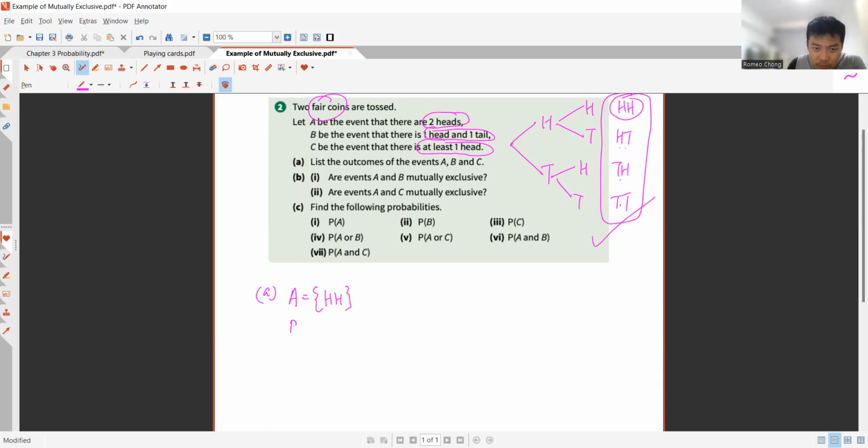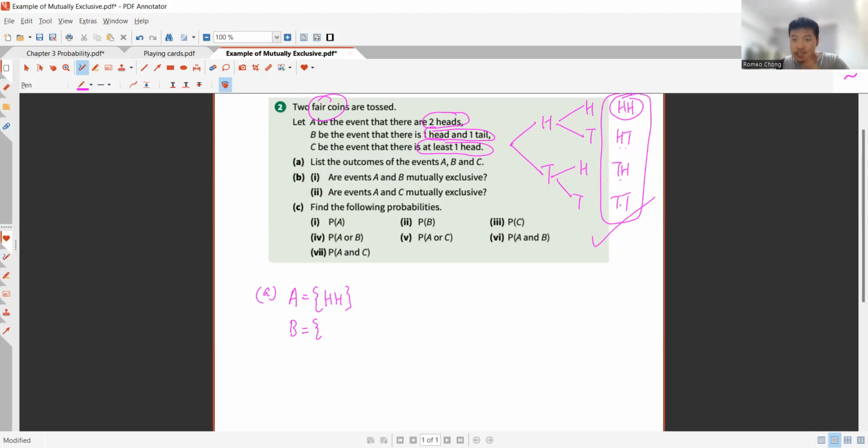Then for event B, B is the event that there is one head and one tail. If you look at your possible outcomes, there are two, because you have HT and TH. As I told you in the previous video, the sequence is very important.